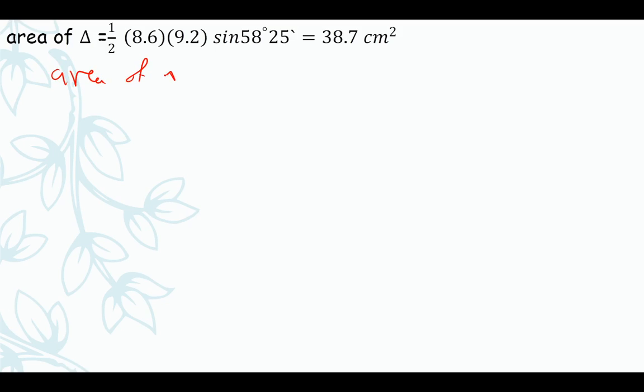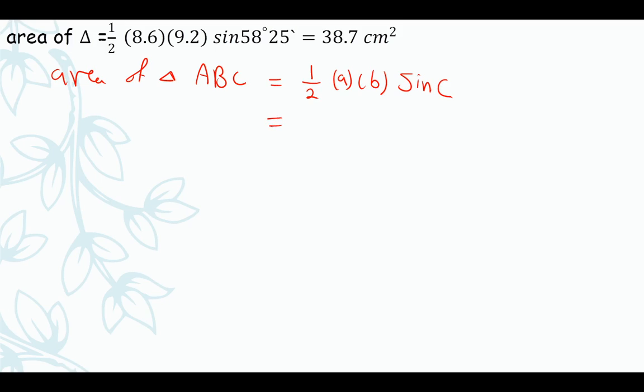You can find the area of any triangle by using this rule: half multiplied by A multiplied by B sine angle C.